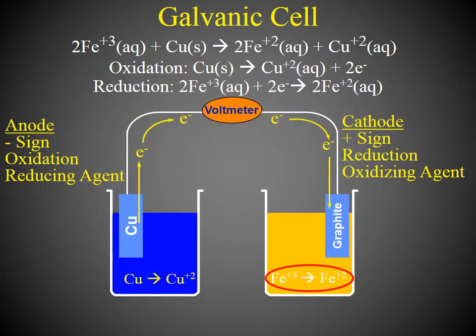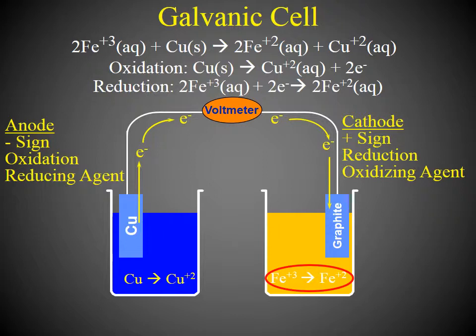Now, please notice that on the cathode side, in this case, the electrode, which is labeled graphite, is just a probe that is immersed in a solution. In this case, the graphite is only carrying electrons.